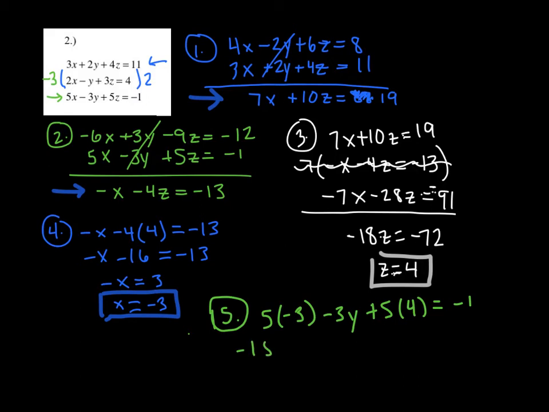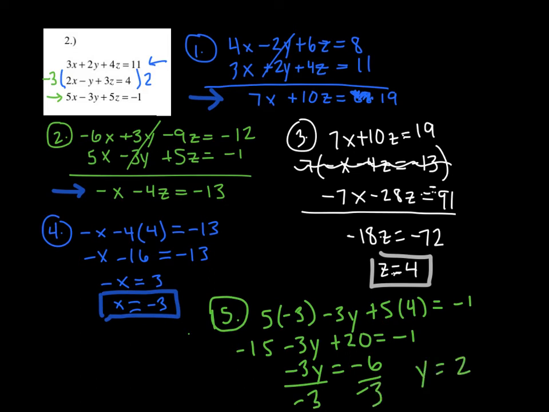So -15 minus 3y plus 20 equals -1. So -15 plus 20 is 5. So if we subtract the 5 over, we get -3y equals -6. Divide by -3. And y is 2.